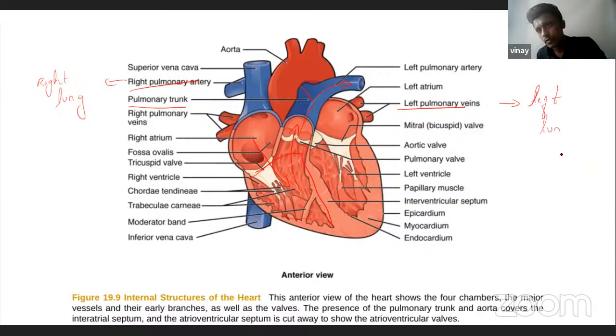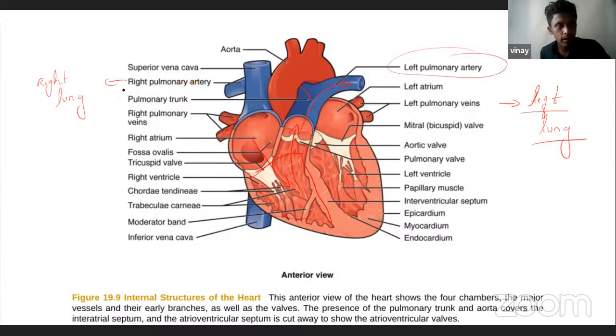So they carry what blood? Sorry, artery. Right pulmonary artery and left pulmonary artery. Sorry, students, I mistakenly pointed it. Yeah, the right pulmonary artery and the left pulmonary artery.